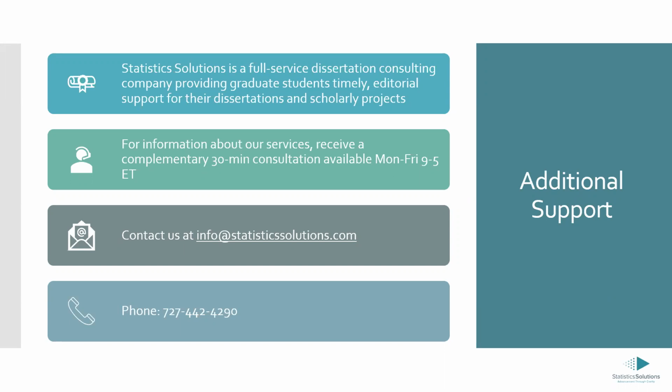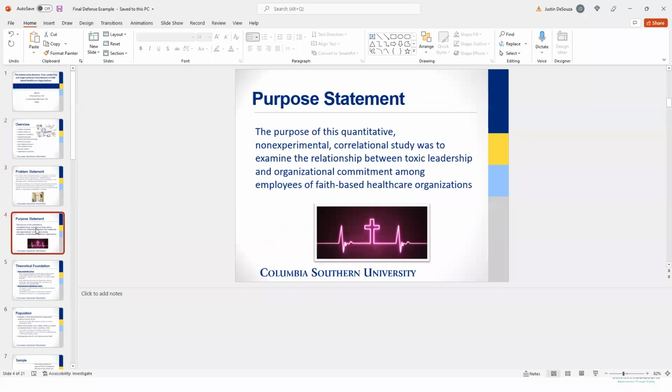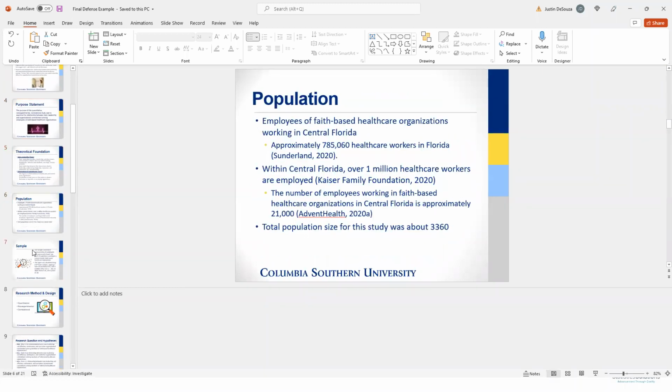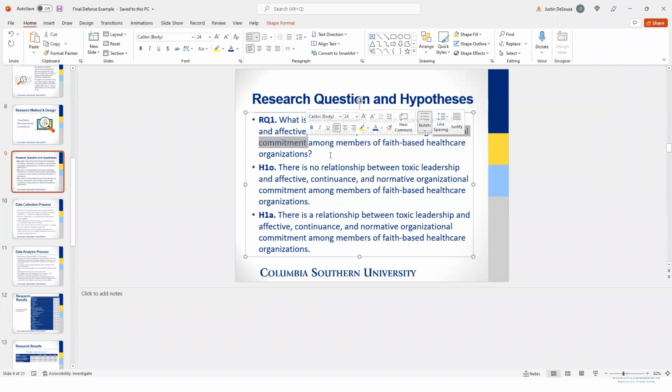Okay. What is the difference between an assumption and a hypothesis? So a hypothesis is tied back to your research question. Okay, let me show you an example here. Here we have a research question: What is the relationship between toxic leadership and these different types of organizational commitment?